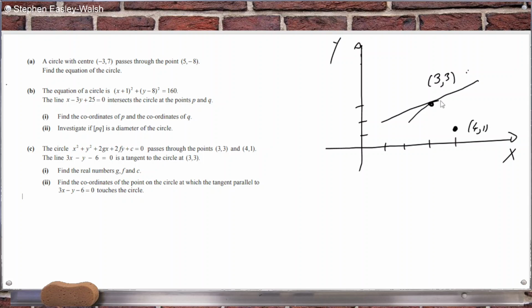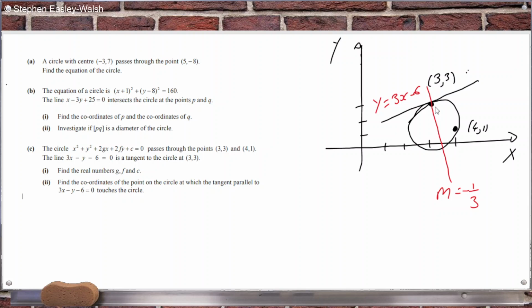I don't know how to best draw this circle, something like that. So we know that this line is y equals 3x minus 6. So that means I know the slope at this line here. This has a slope of minus 1 over 3.